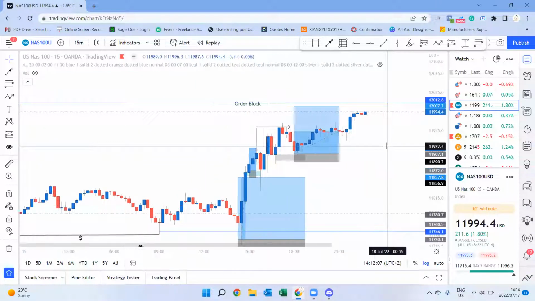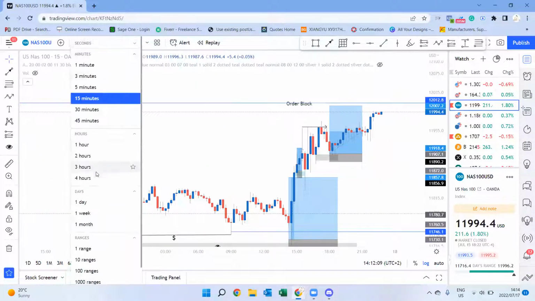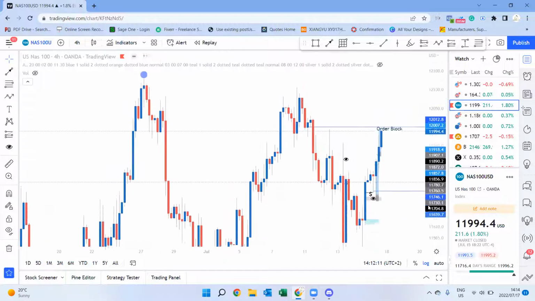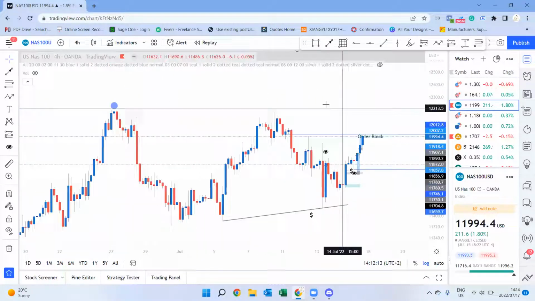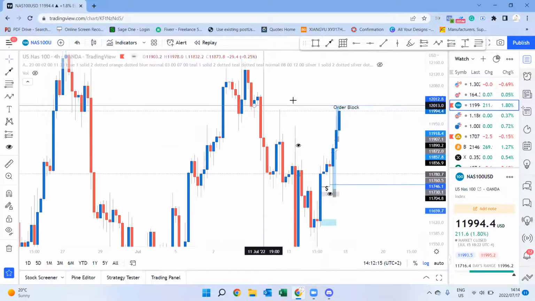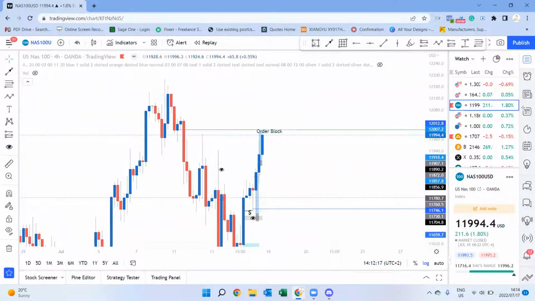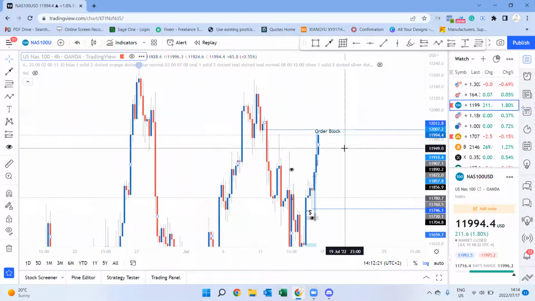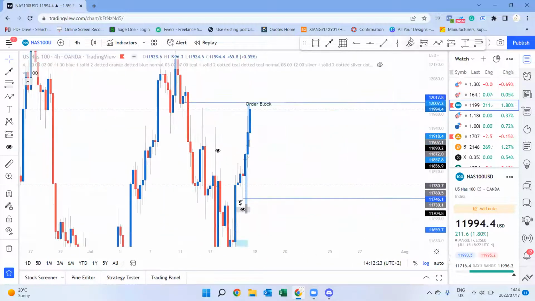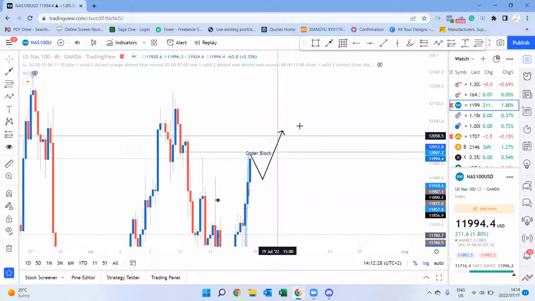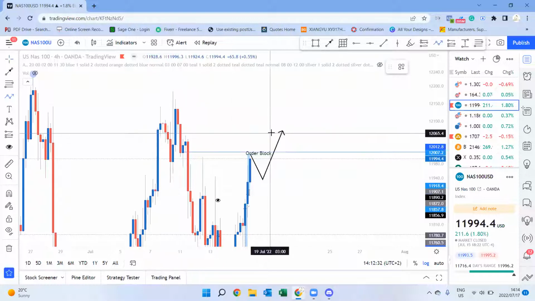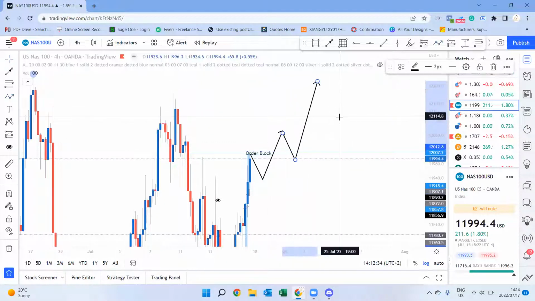On NASDAQ, I am bullish. The reason is there is an order block sitting right there, so there's definitely a point of interest here. I'm expecting a reaction and then continuation to the upside again, then maybe another reaction at the next order block, and then a continuation.